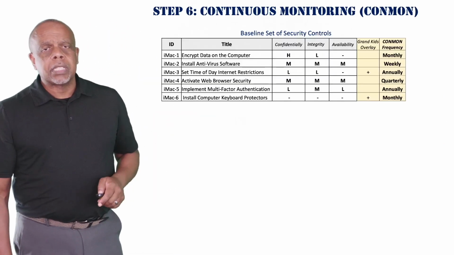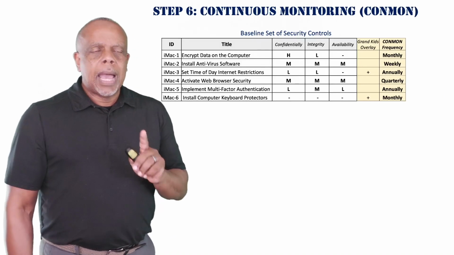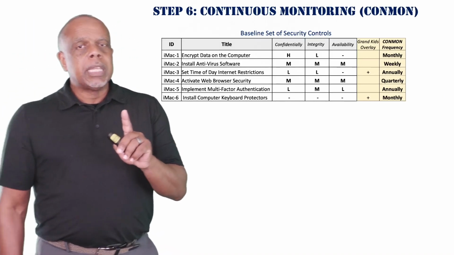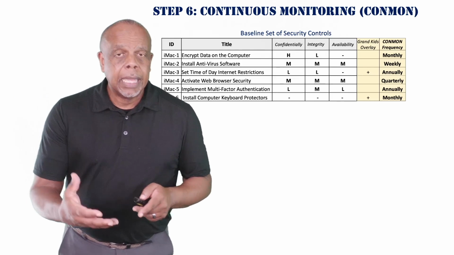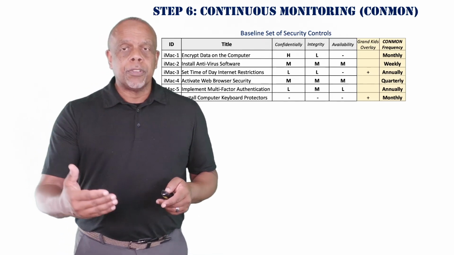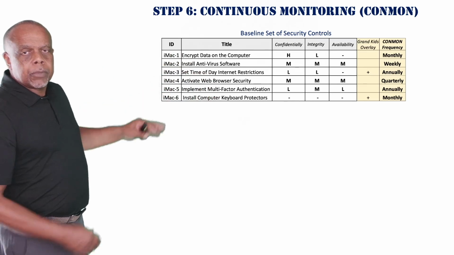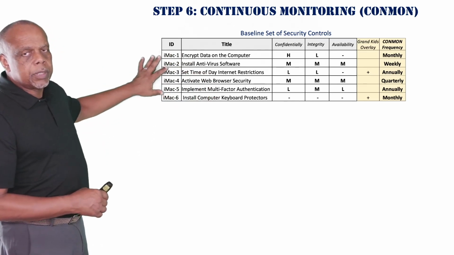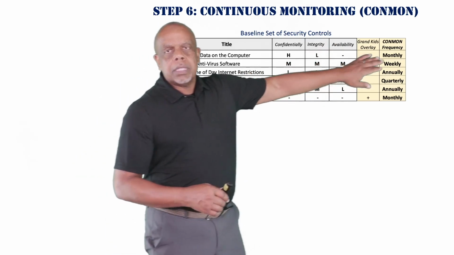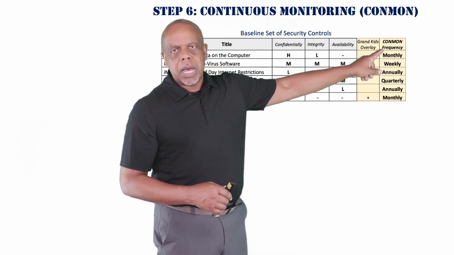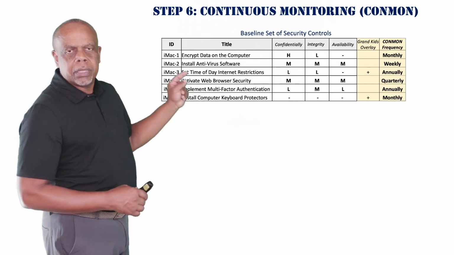Now, also within this continuous monitoring process, we're not really assessing controls, but we're actually taking the assessment plan and applying it based on the frequency. So here's my basic set of security controls, right? You recognize these, the same ones we've been using all along. Here's the overlay. Now, I added a column to this called ConMon frequency. So IMAC 1, I'm going to review that monthly, encrypting data.